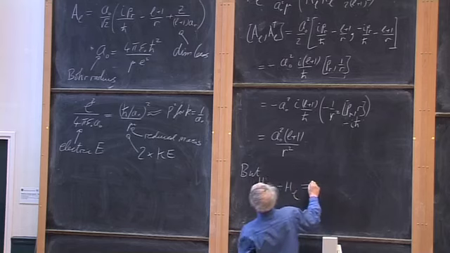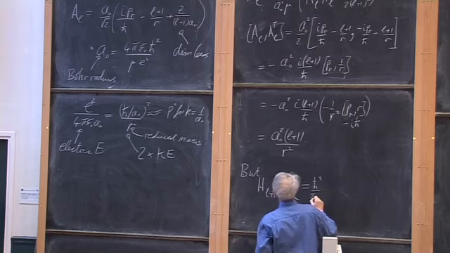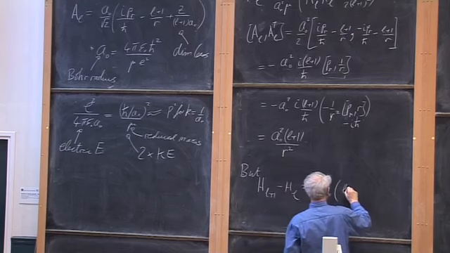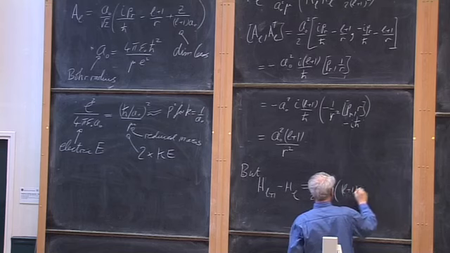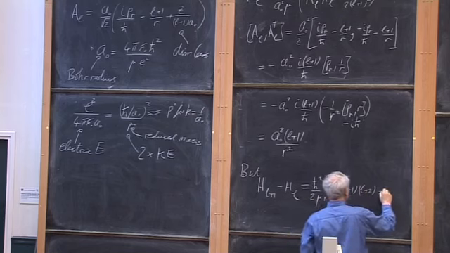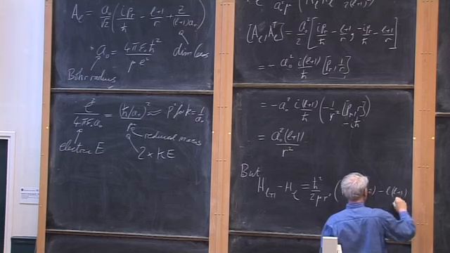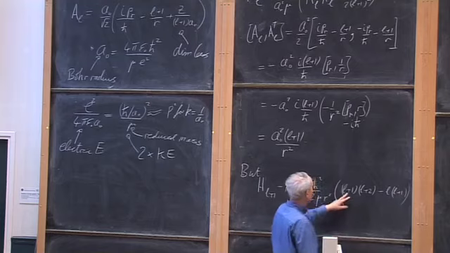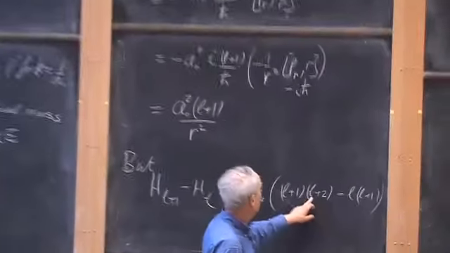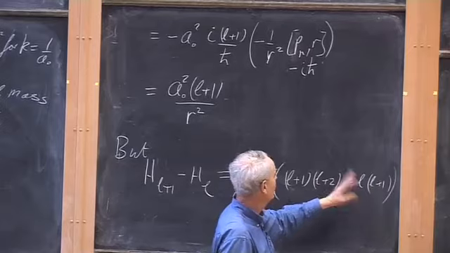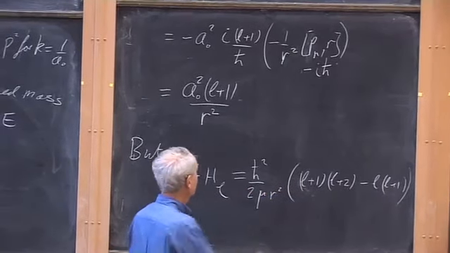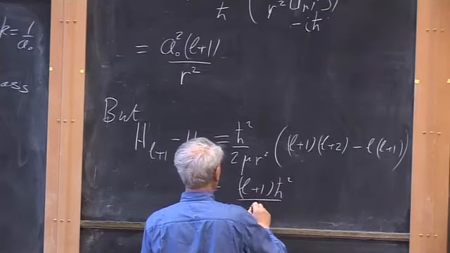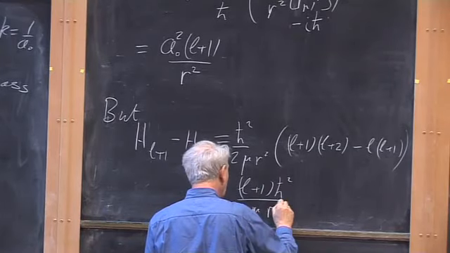And what would we have? We'd have h bar squared over 2 mu, I think, r squared, brackets L plus 1, L plus 2, minus L plus 1. Did I do that right? Live in hope. Okay, so obviously there's going to be a factor of L plus 1 common, and then we're looking at the difference between L plus 2 and L, in other words, 2. The 2 is going to cancel this, and this is going to equal L plus 1 h bar squared over mu r squared.